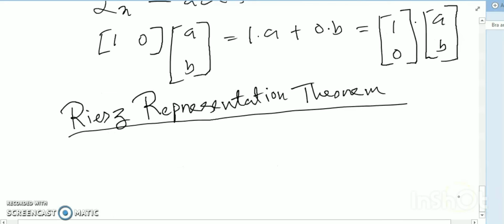This sounds kind of daunting, but it's just a theorem about what we discussed.